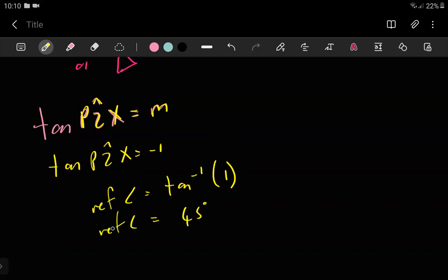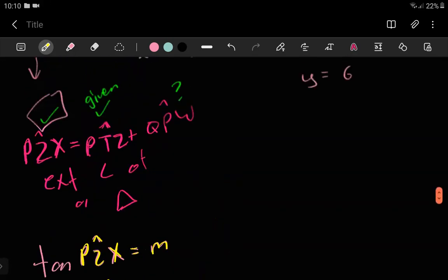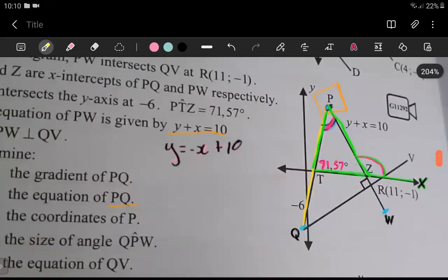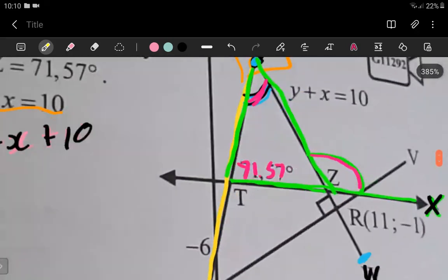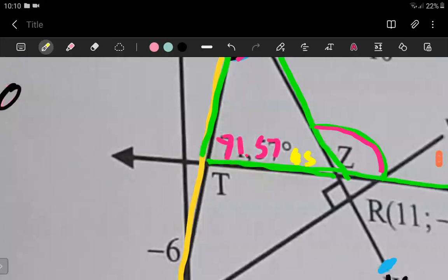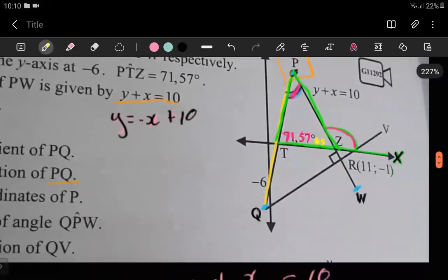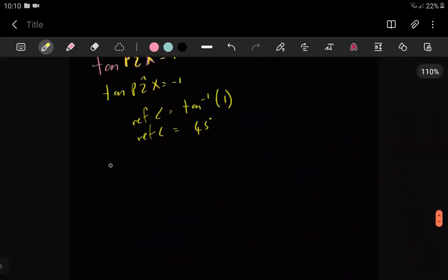Now you can use this as a reference point on your sketch. Logically speaking, the 45 is this side, because that's the acute angle. So the obtuse angle there, you can say therefore PZX is equal to 180 minus 45, because angles on a straight line add up to 180.